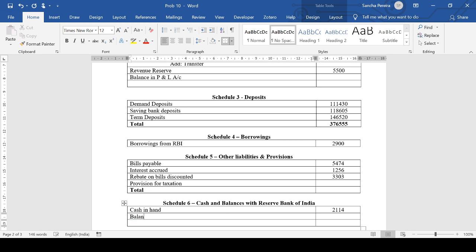Balances with RBI, we have in current account and in other accounts.